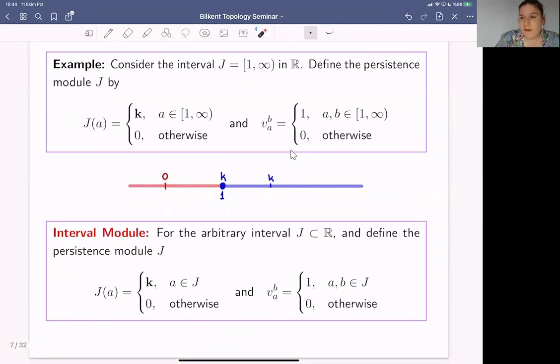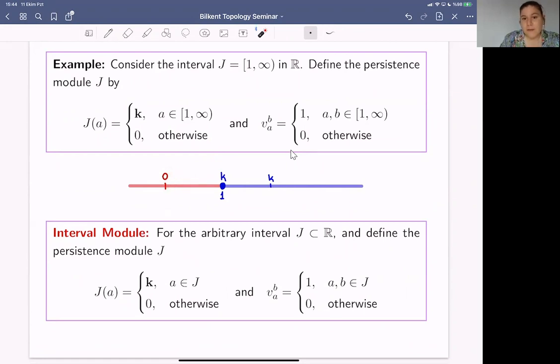So let me give another example. Let's consider the interval [1, infinity) in R. You can look at the illustration. You are assigning to each element in this interval the vector space K, the field K. And if you are outside of this interval, you are assigning the zero vector space.